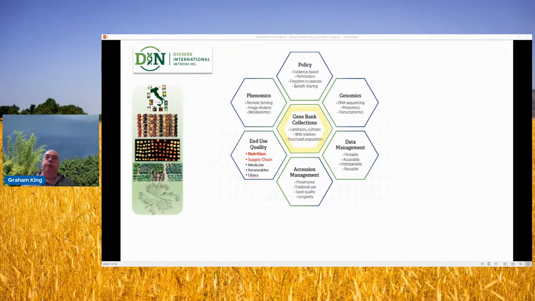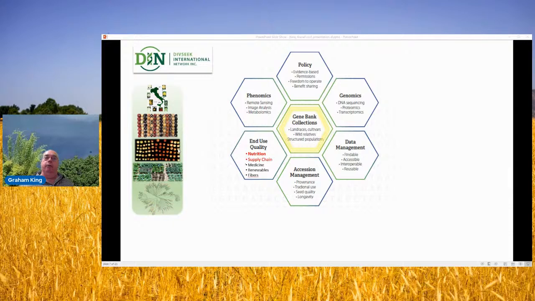We spend quite a bit of time focusing on policy aspects, particularly international treaties and protocols, such as the Nagoya Protocol, for access, open access and benefit sharing associated with genetic resources, and a big focus on data management. There's considerable variation within any one species and any one crop that we need to understand and harness, and that's where most of the work is carried out.